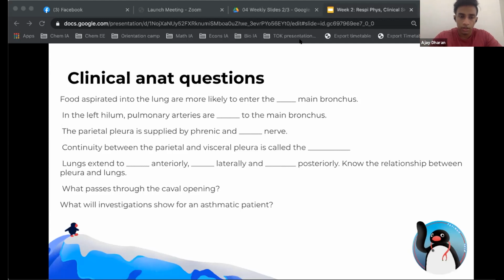Okay, how about your next question? The left hilum, how many arteries is it going to be? Remember we learned the acronym RALS. Are the arteries going to be anterior, inferior, superior to the main bronchus?